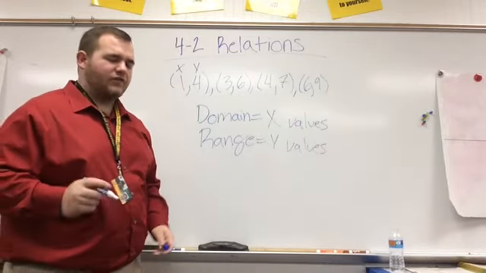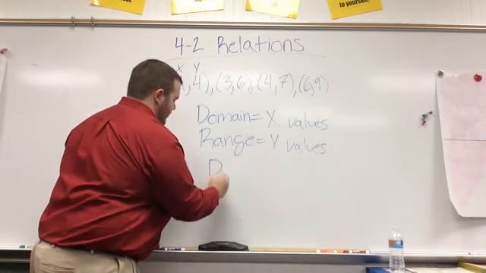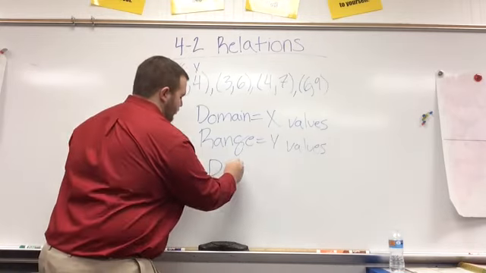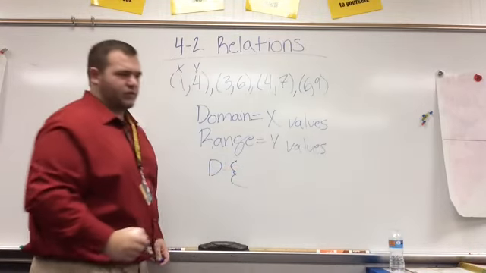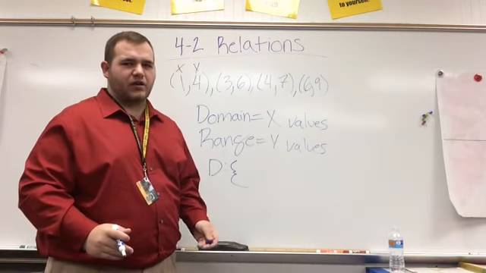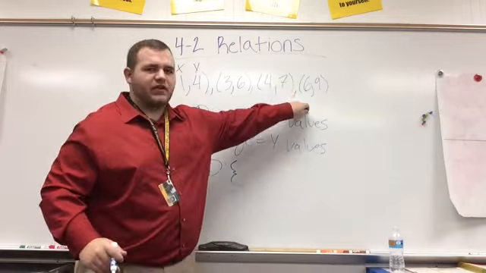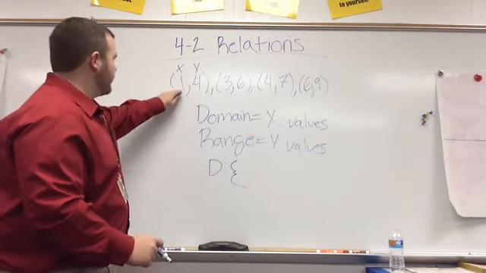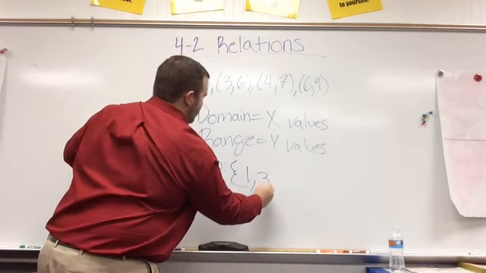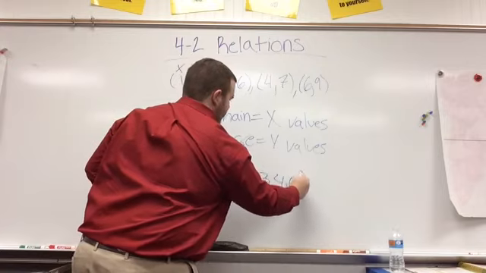But there's one thing you have to make sure of when you write down your domain and range. If you're finding domain, you put D, and then you're not going to put a parentheses, you're going to put a little squiggly kind of parentheses. Because if we do a regular one, it's going to look like an ordered pair, and we're not putting an ordered pair, we're just listing the x values that we have in the ordered pairs. So we've already said x is 1, 3, 4, and 6.